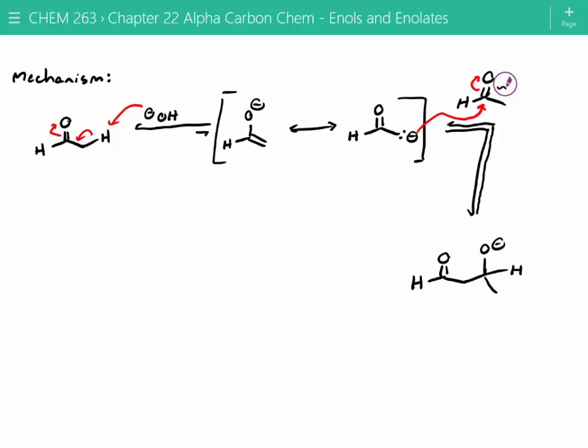And then in the last step, we have water around that will protonate your alcohol. So even though we only have a tiny, tiny bit of our enolate in solution, it's enough to drive this addition reaction.